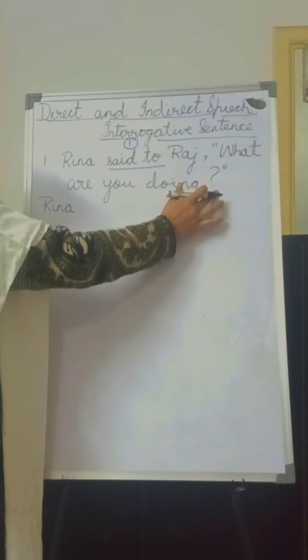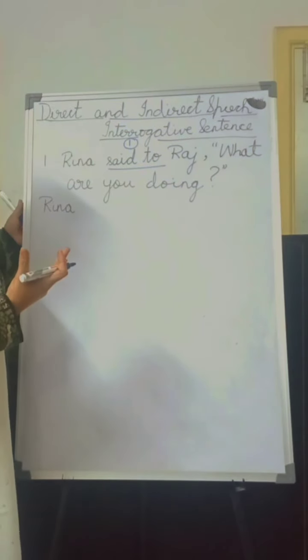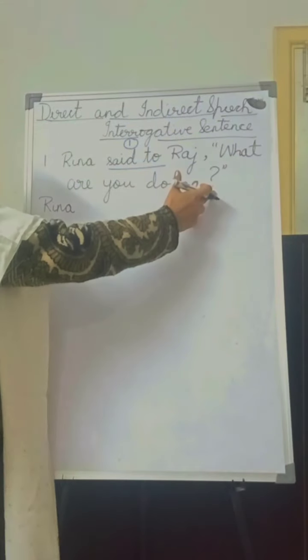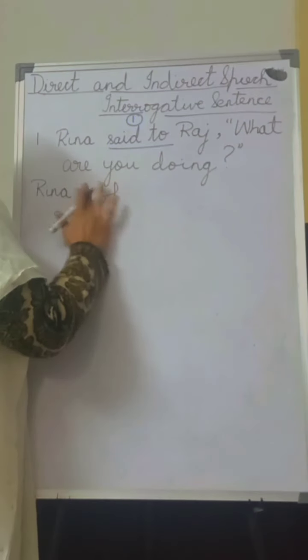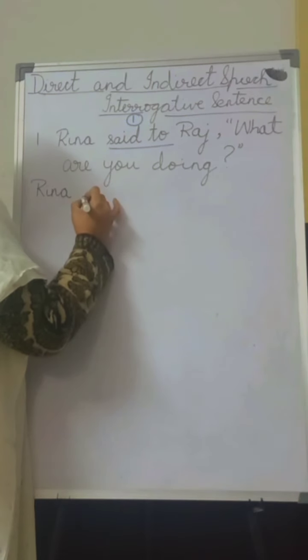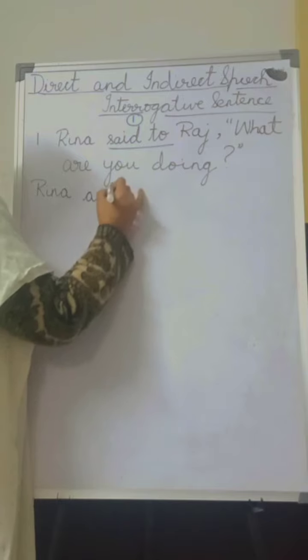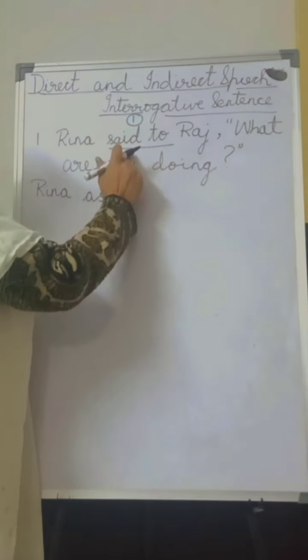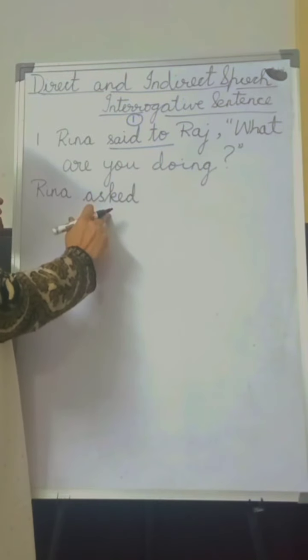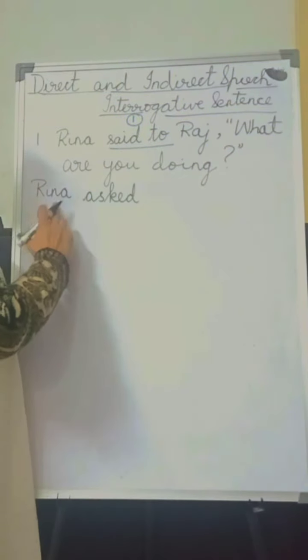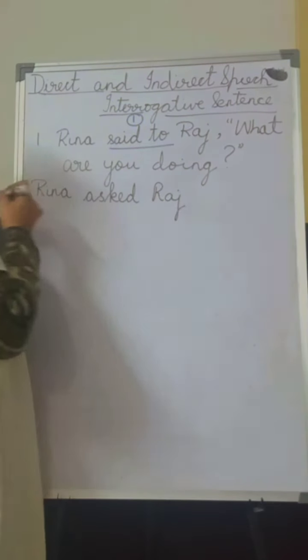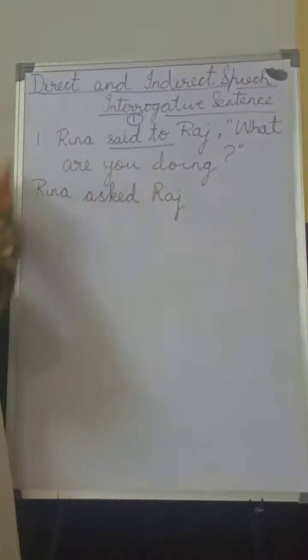When we ask a question, what word do we use? Ask. So, for interrogative sentences, in place of said to, we use asked. Don't forget this, children: told is used for declarative sentences, and when it is an interrogative sentence, we always use asked. Alright, because we are asking. So Reena asked, now the listener Raj. Now we have completed the first step.